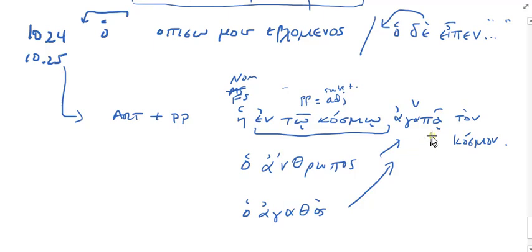If you take a look here at the first example that I have written here, ho opiso mou erchomenos, we have the after me coming one. Okay, here your article is separated from the thing that it really belongs to. Ho erchomenos means the one coming, and opiso mou, after me, has separated these two.